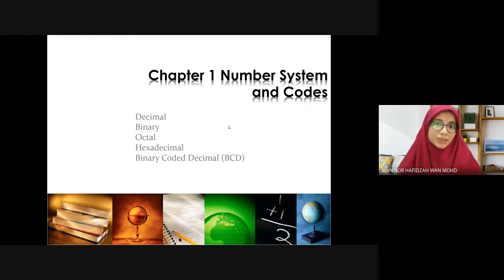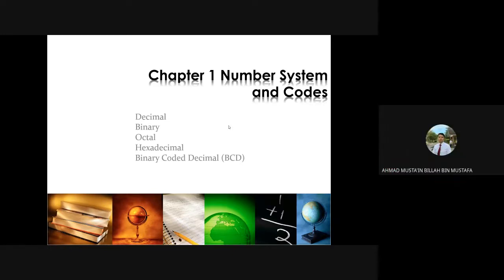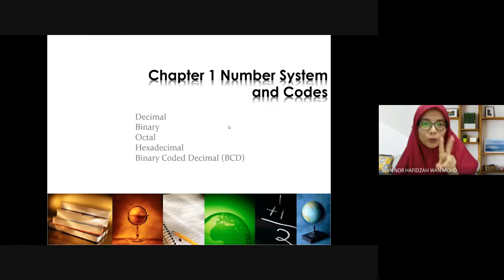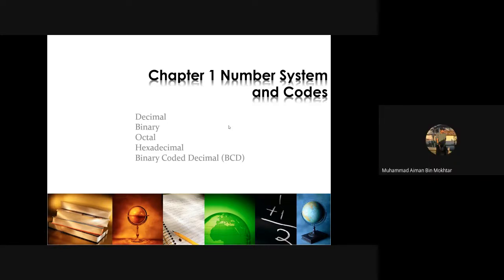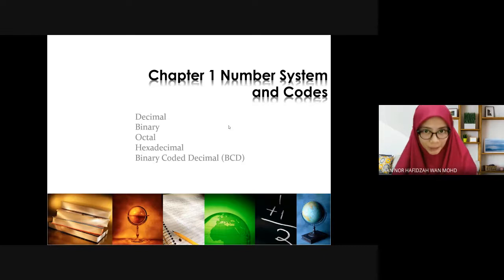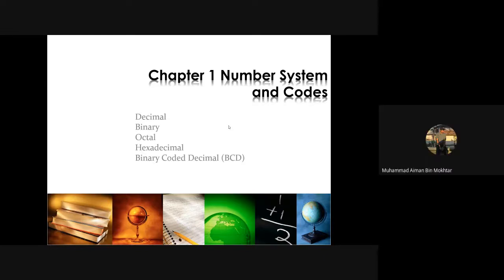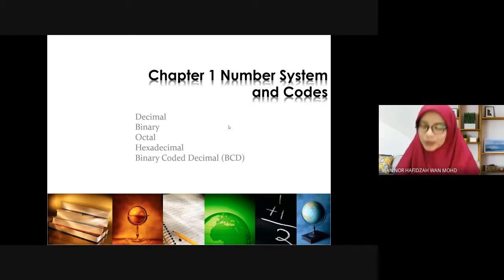So basically it is base 2. Why base 2? Because it only has two numbers, 0 and 1. Okay, what about octal? Total 8 numbers, 0 to 7, base 8. Okay, that's right.